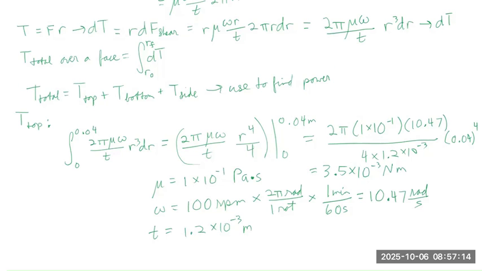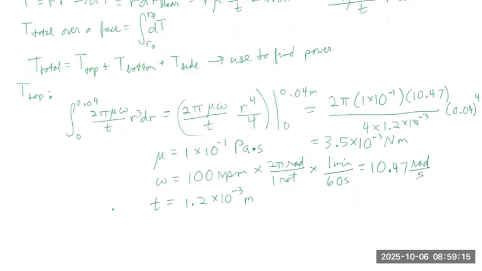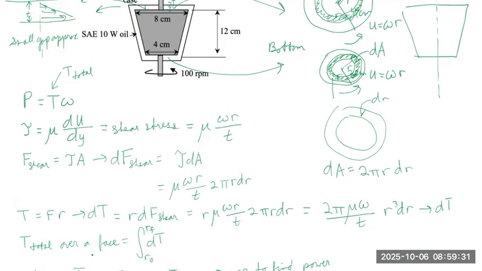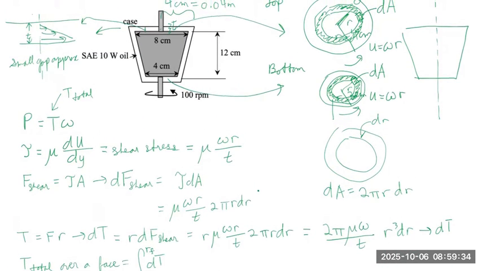Let's now calculate for the bottom side. Okay, now it's time to calculate the torque on the bottom face. So the torque on the bottom face is going to be just the same integrand inside, but different bounds. So we're integrating instead from 0 to 2 centimeters, which is equal to 0.02 meters.